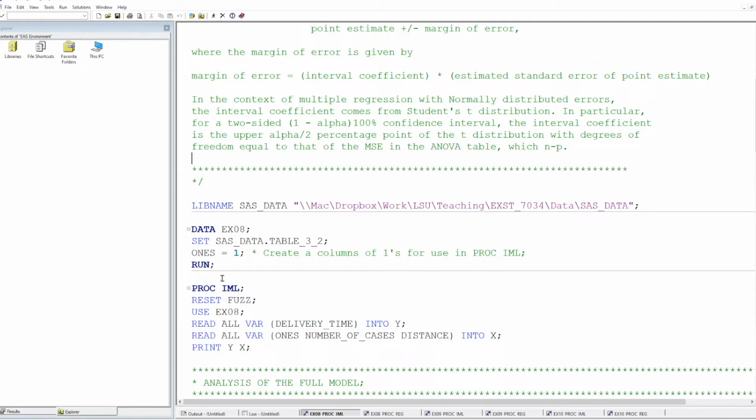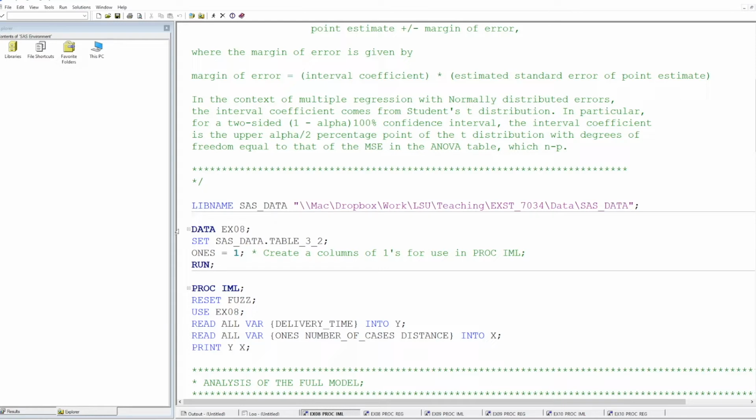We have to create a libref using the libname statement. The libref in this case is SAS_data, which is essentially a pointer to the directory in which I've got the data set. If you download this and use it, you'll have to change this to wherever you've saved that data set on your computer.